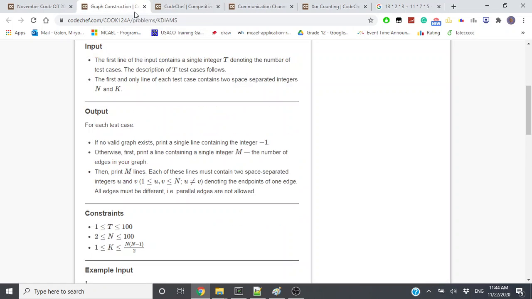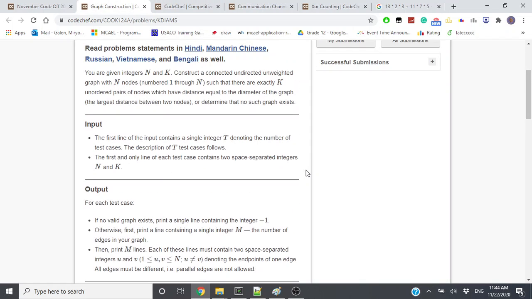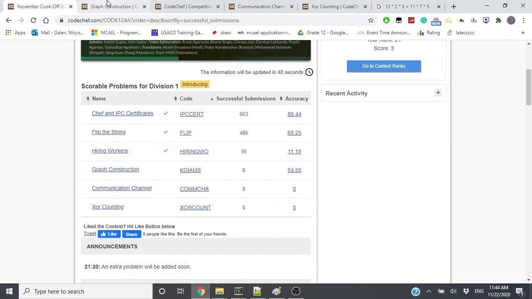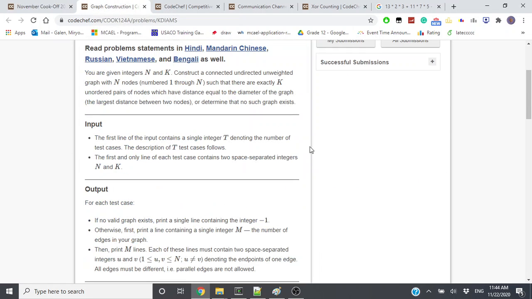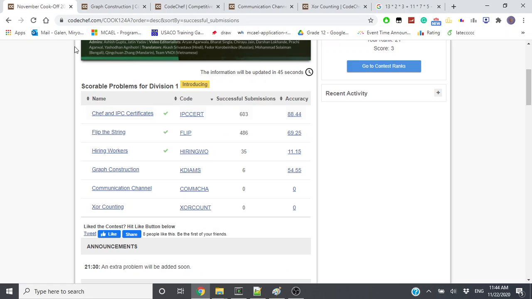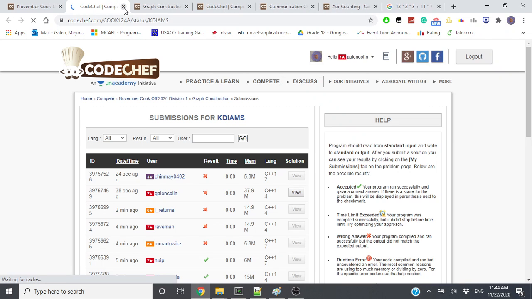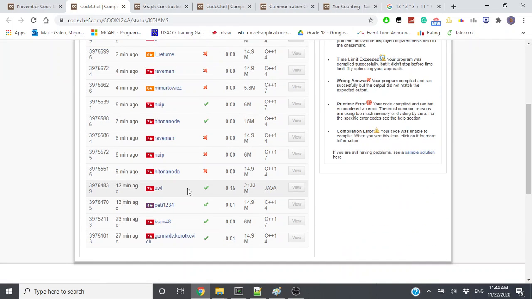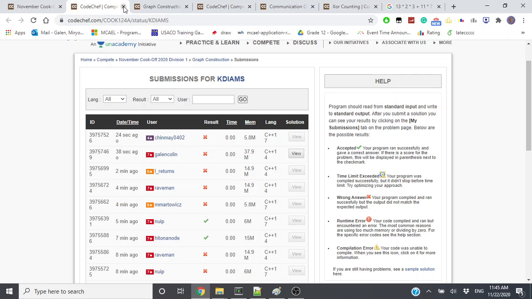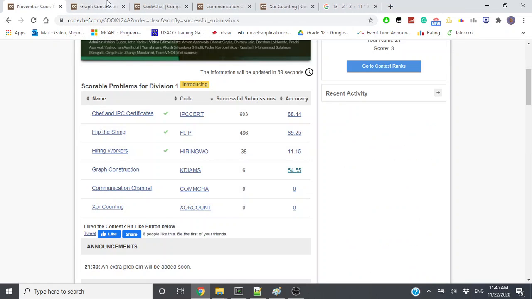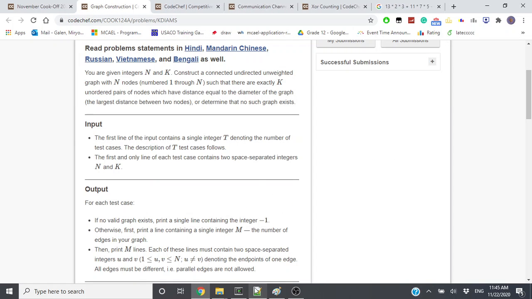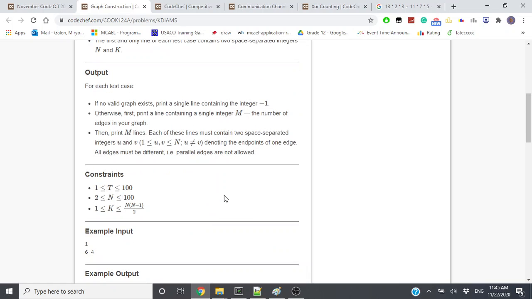Wrong answer. What? How do I have wrong answer on this? How many other people are getting wrong answer? Well, what's happening then?